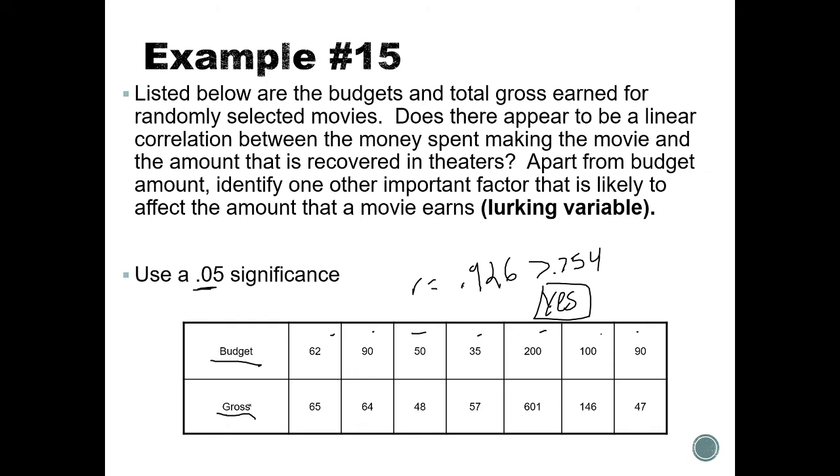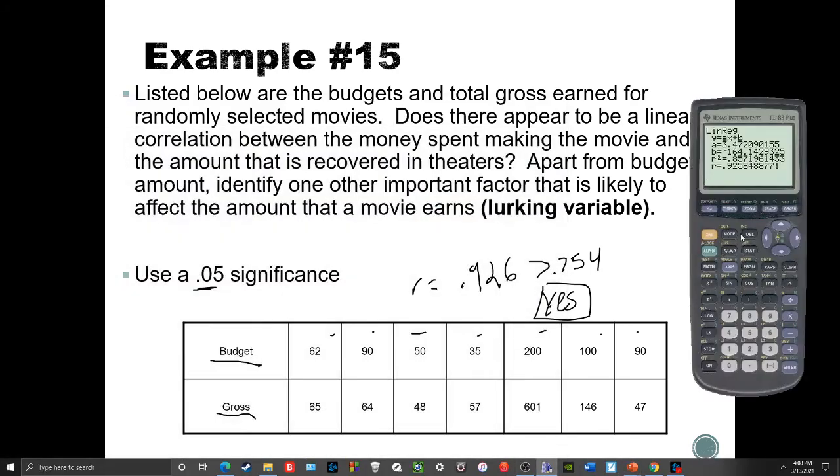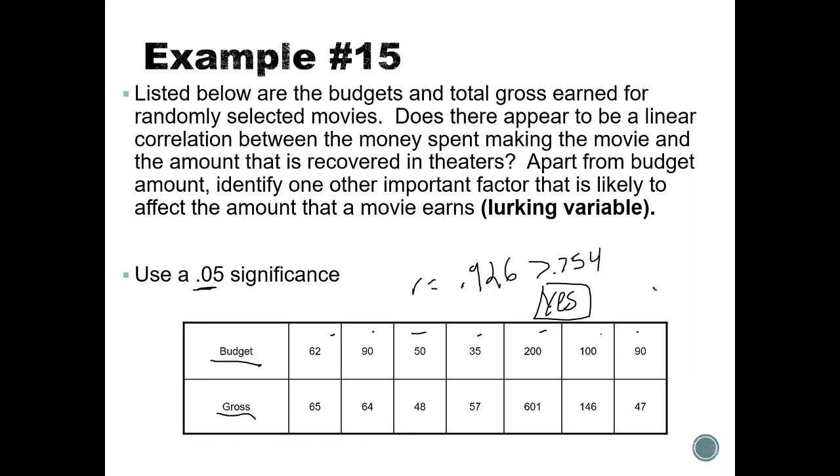And again, that makes sense, because the more you put into the movie, the more it's going to make, obviously. So let's go ahead and see what the R squared is. The R squared, just like before, because it's the same number, is 0.86, right? So 0.86 is our R squared.